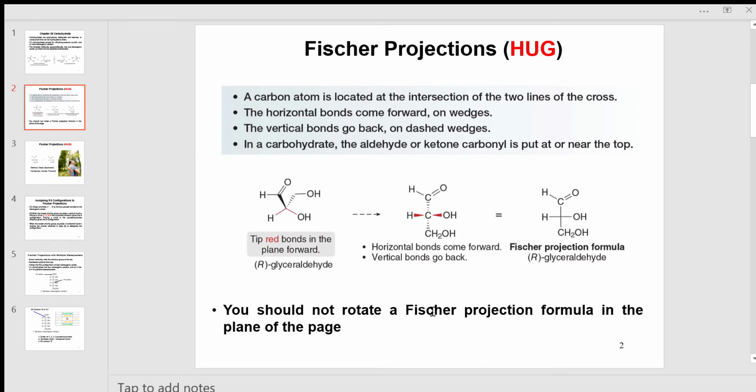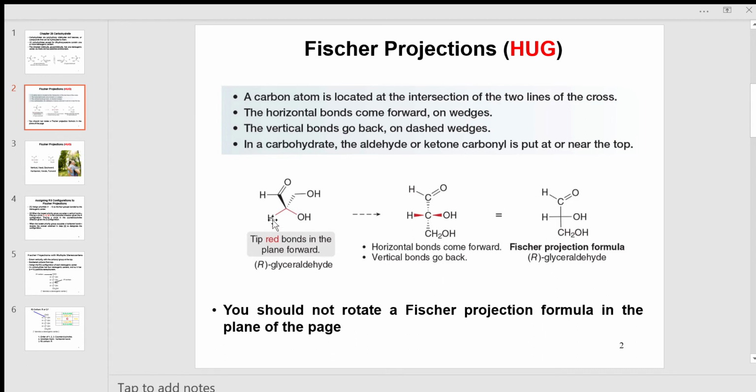So again, the organic chemist draws the structure from left to right. The biochemist draws the structure from top to bottom. The top one is always either the ketone or aldehyde, or they make the ketone or aldehyde close to the top.